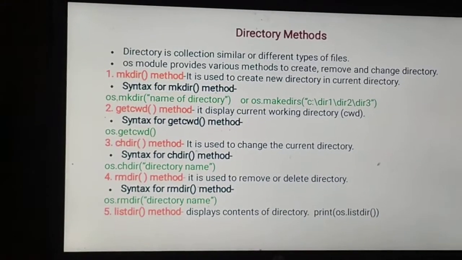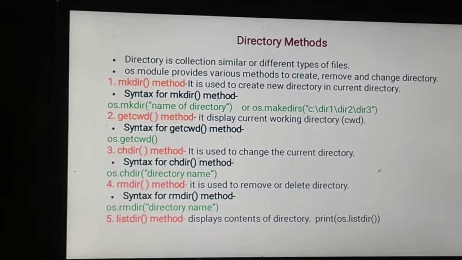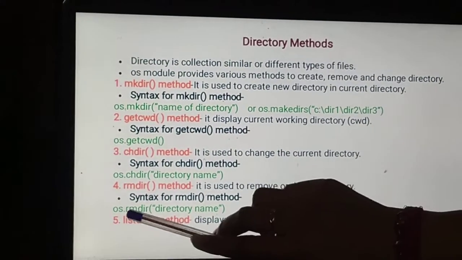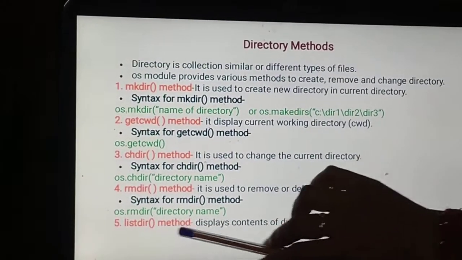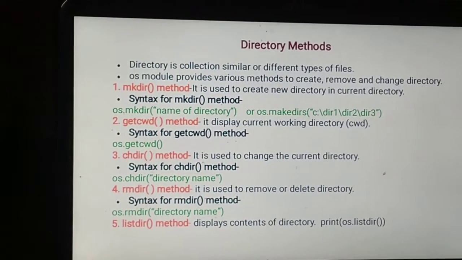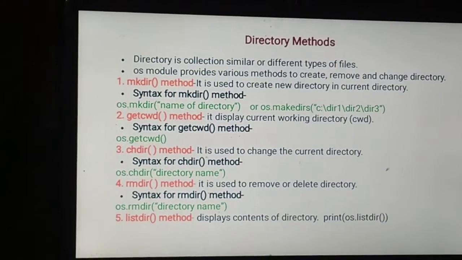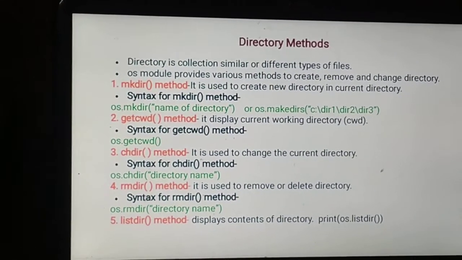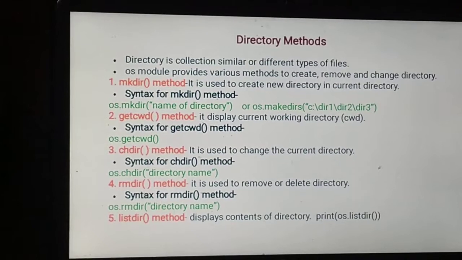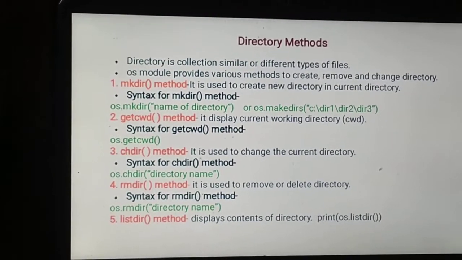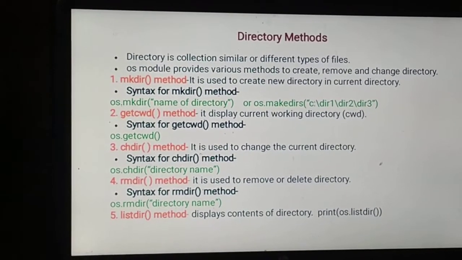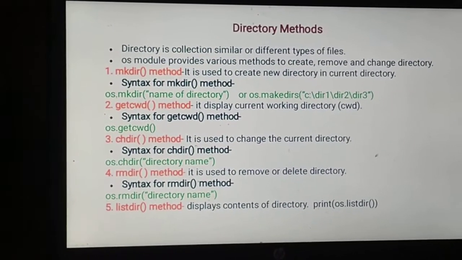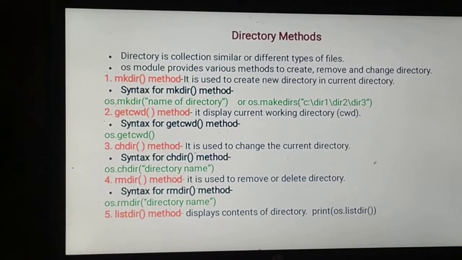For that you write os.rmdir and the directory name you want to remove. The last one is listdir. This method is used to display all the content of the directory, like what kind of content the directory is holding. It could be another folder, a file, or anything. These are the five methods which we are going to see in the hands-on session.